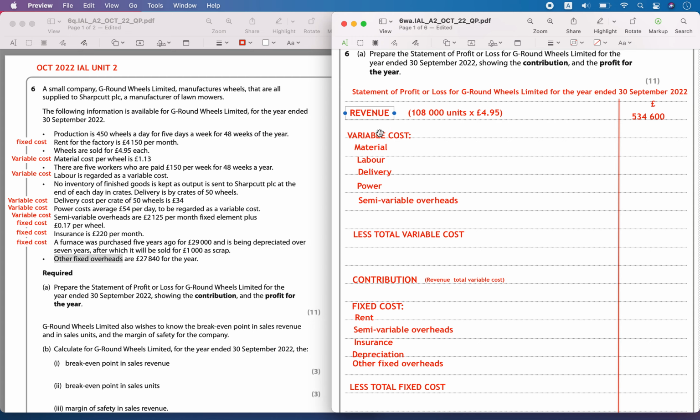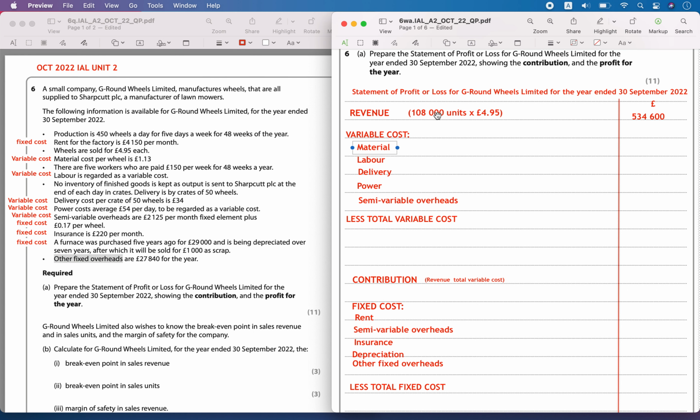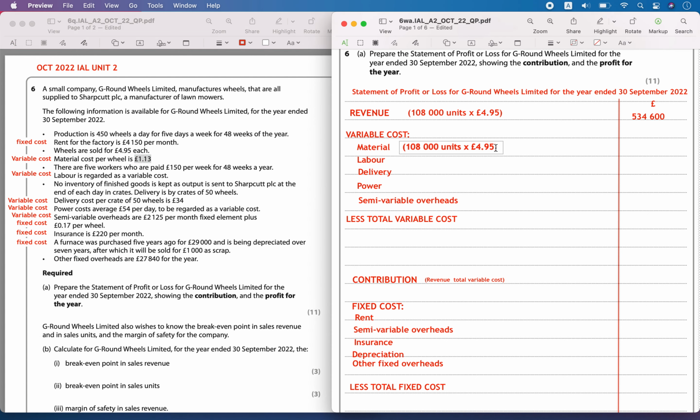So first one is the revenue we have calculated. Now let's write all the variable costs. First one is the material. It says material cost per wheel is 1.13. So whatever is the quantity produced, for that much material I will use, but the rate is 1.13.